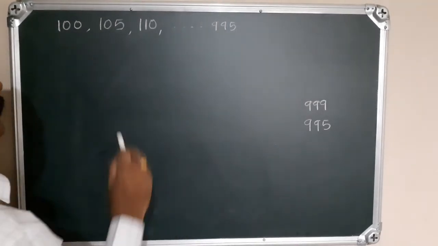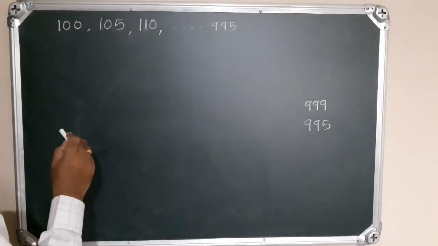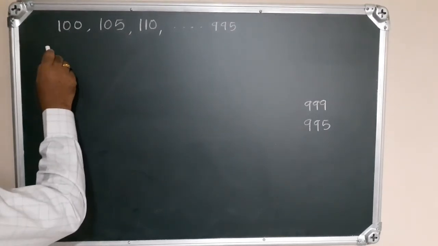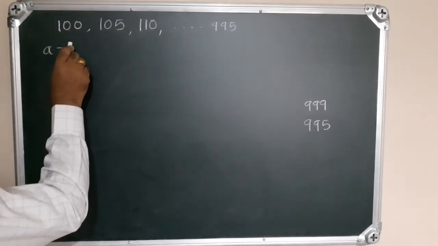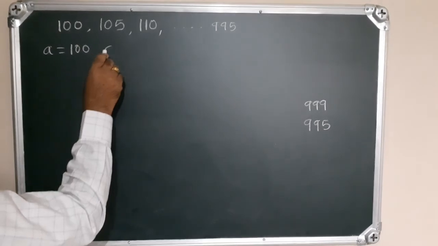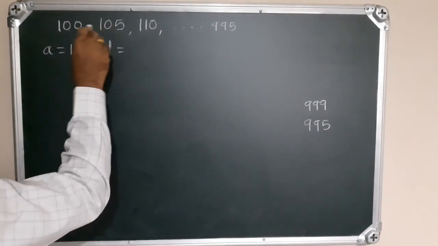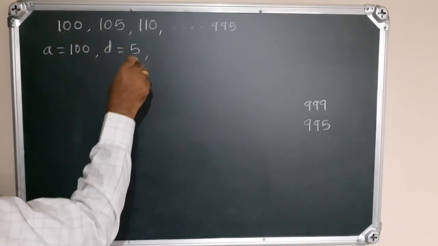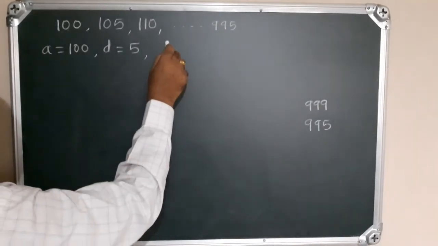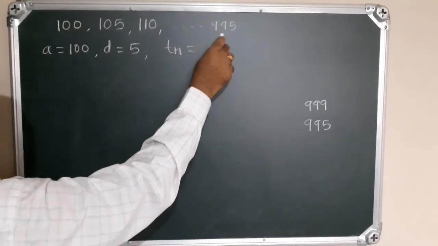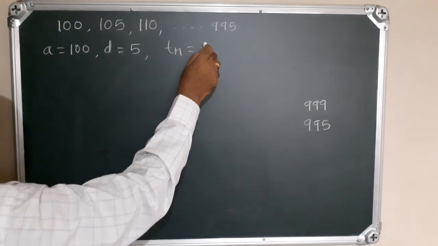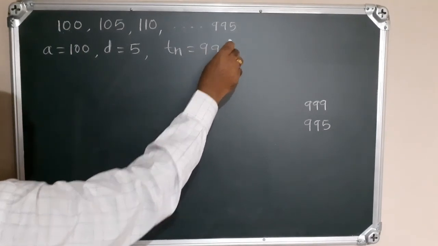So the AP will be like this. Here the value of T1, that is A, is equal to 100. What is the value of D? D is T2 minus T1, that is 5. And this is the value of Tn. So Tn is equal to 995.